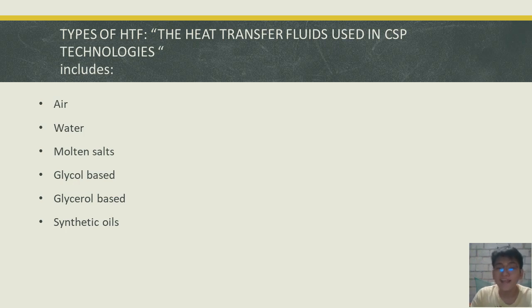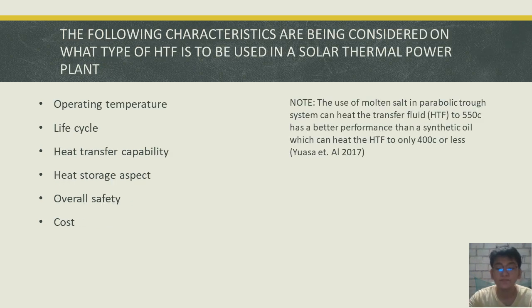In contrast, HTFs emerge as a class of substances carefully engineered to withstand extreme conditions within solar power plants. Their resistance to decomposition and evaporation at elevated temperatures ensures not only the reliability but also the continuity of the energy transfer process. Okay, next.